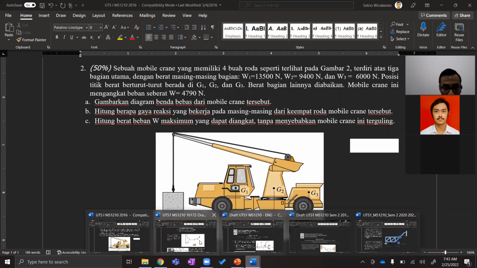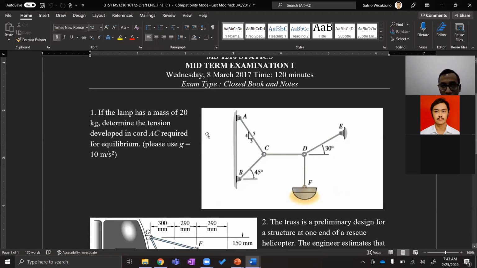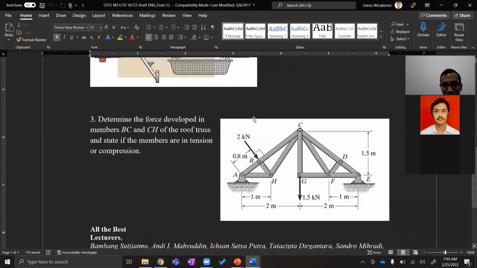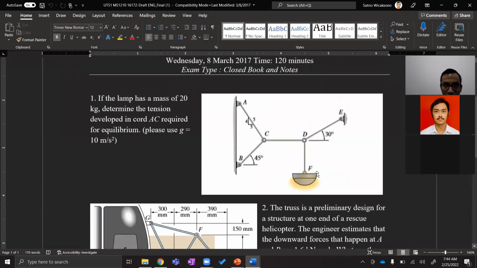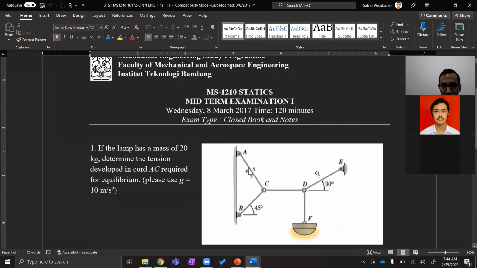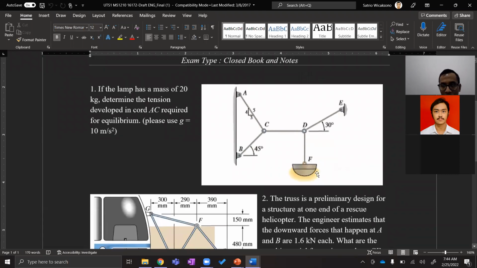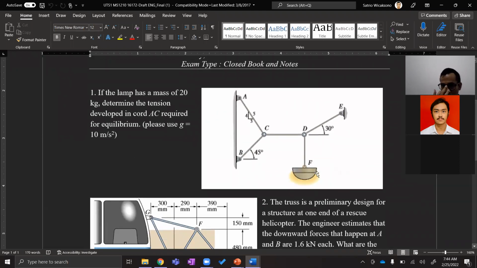Okay. And this is from 5 years ago. Maybe this one I will put as our homework as well, for the truss problem. For this one, it is the equilibrium of a rope.